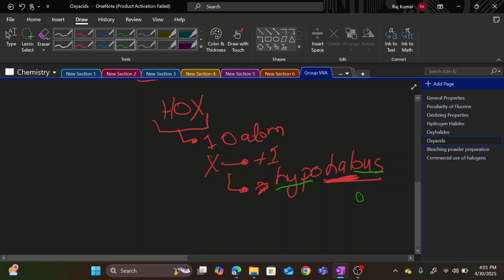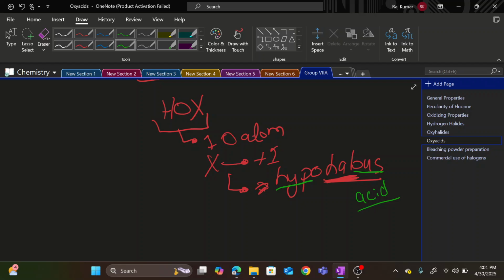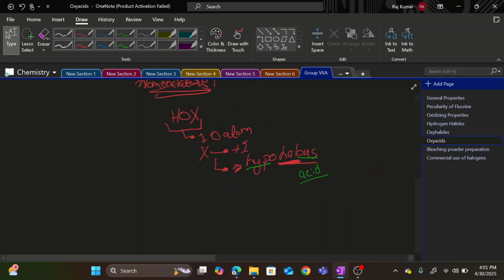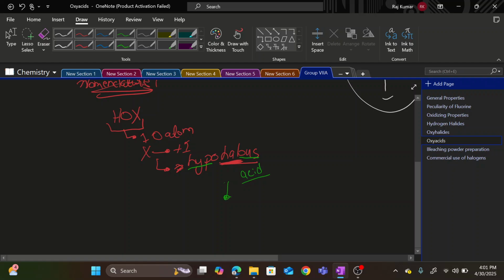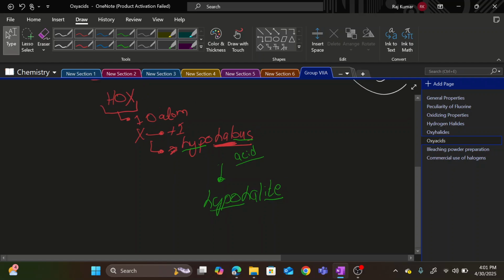These are the keywords to be remembered. And acid. When a salt will be produced of this acid, that would be named as hypo, then halo would be replaced, and ite.